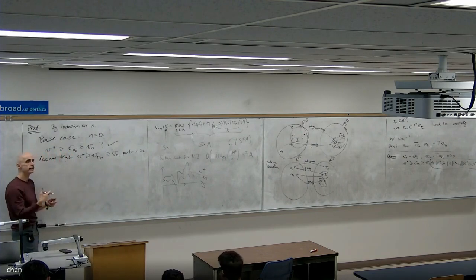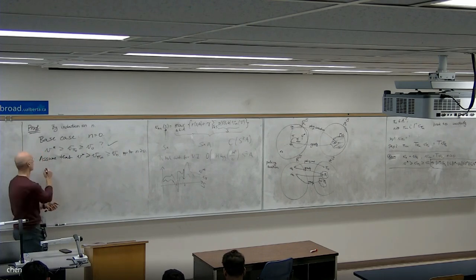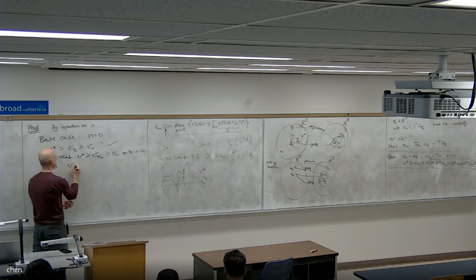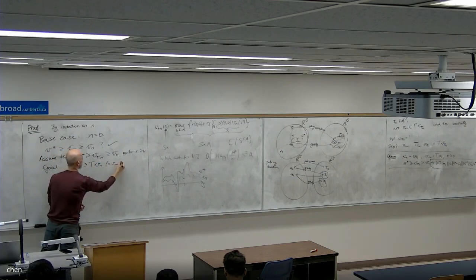V n plus 1 is T applied to v n. So the goal is to show that v pi of n plus 1 is at least as large as T of v n, which is equal to v n plus 1.